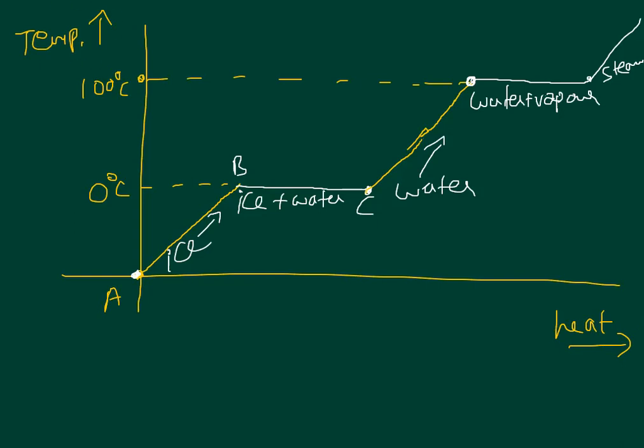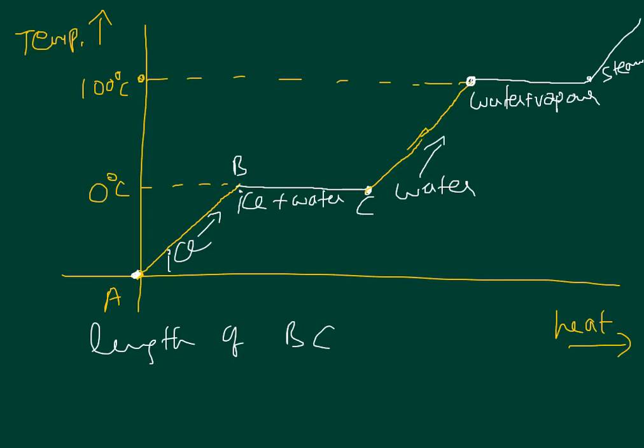Here you can clearly observe in this graph, what is the formula first of all for the length of BC? See, the length of BC is nothing but, what is the length of BC?